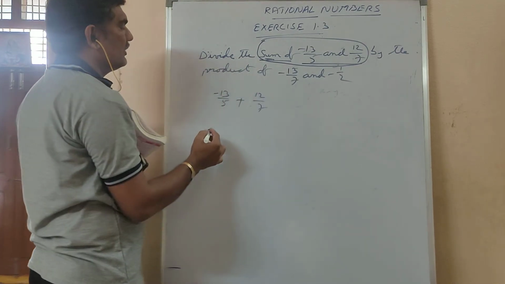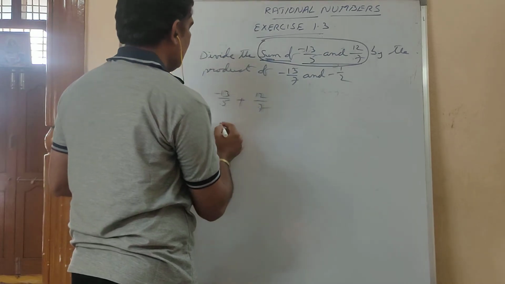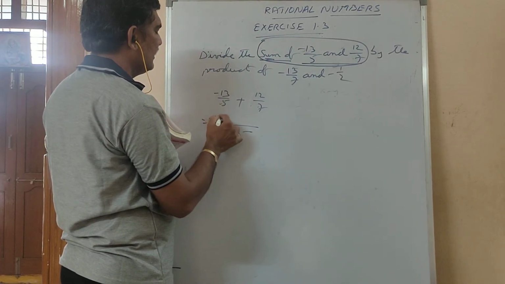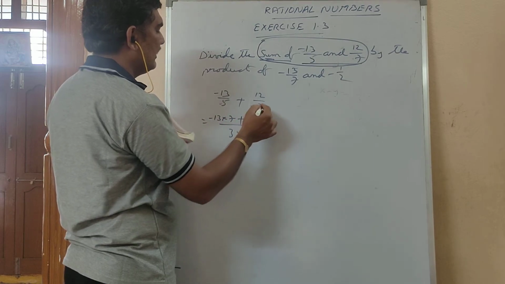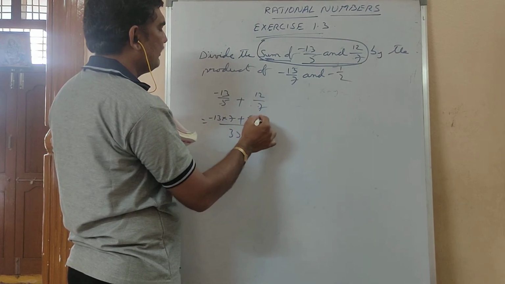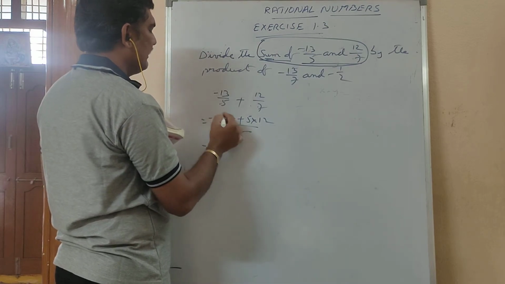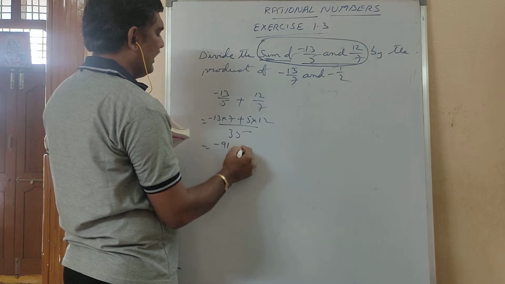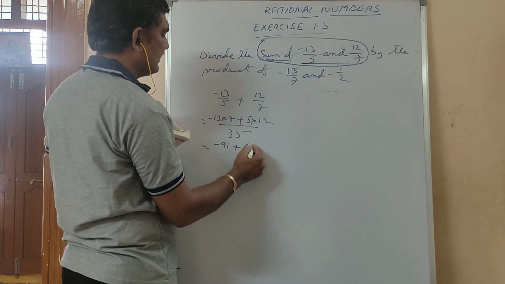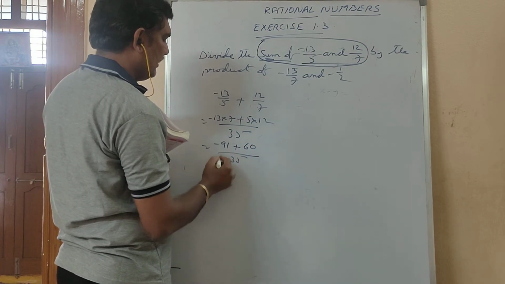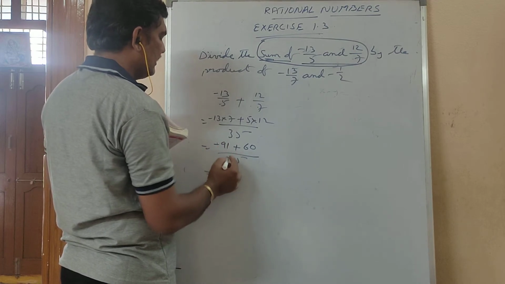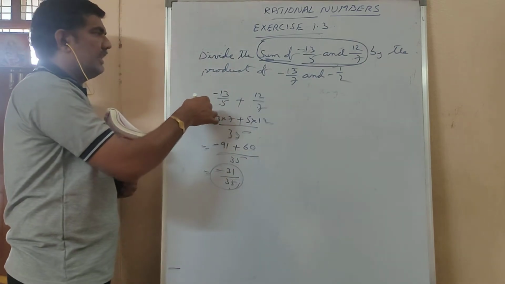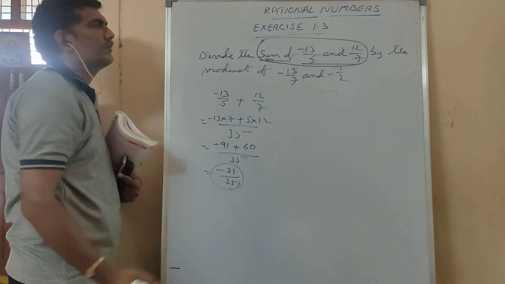If you do addition for 5 and 7, the LCM is 35. 5 how many times will go? 7 times, minus 13 into 7. 7 how many times will go? 5 times. 7 13s are minus 91, and plus 12 5s is 60, by 35. Minus is greater, so you are getting minus 31 by 35. This is the sum of these two.